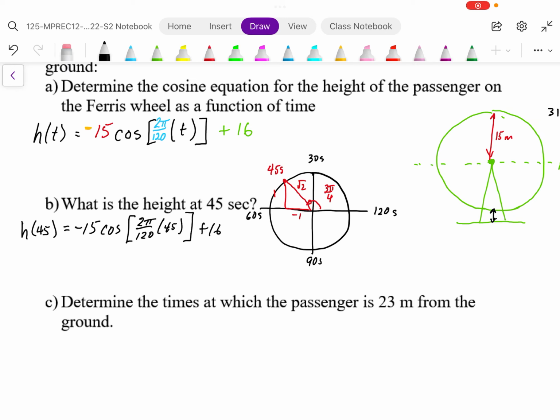That's going to work out to that the angle is going to be 3 pi over 4. So this is cosine, and this inside piece here, when I work this out, I get 90 pi over 120, which is 3 pi over 4.